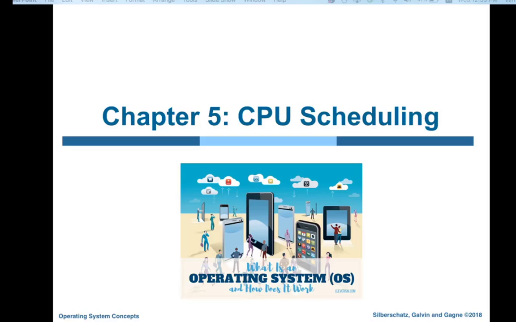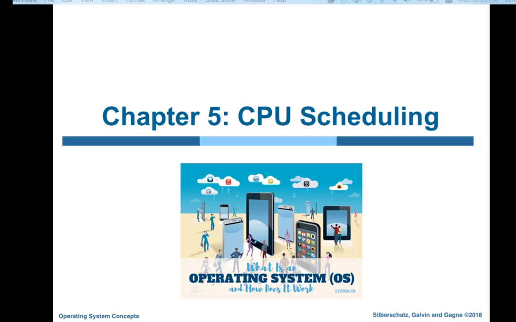Hello, we continue our lecture with chapter 5, CPU scheduling. So, in the previous lecture, we know that in a multi-program system, to maximize the CPU utilization, the system keeps some processes in the memory, and at an instant, there are one or many processes running to avoid the CPU being free.